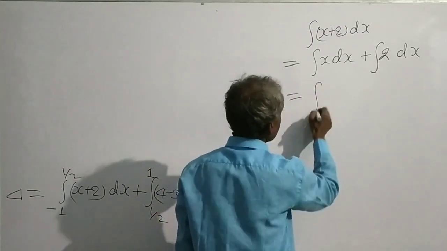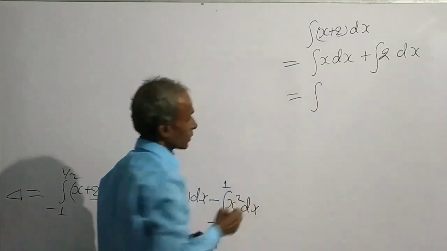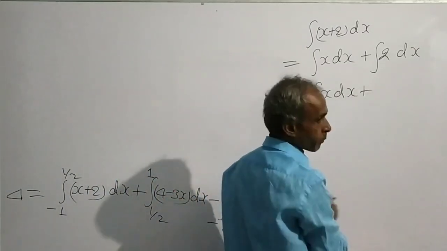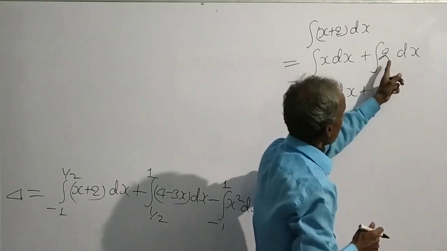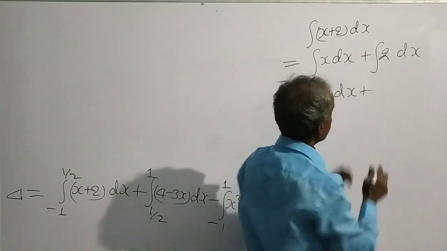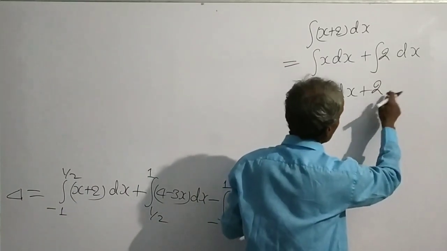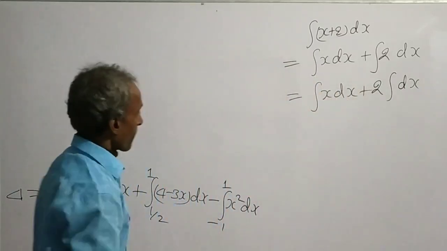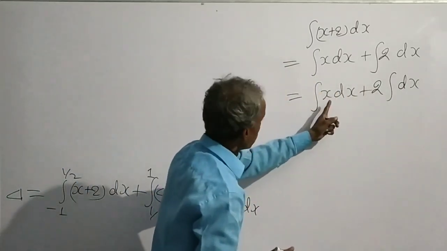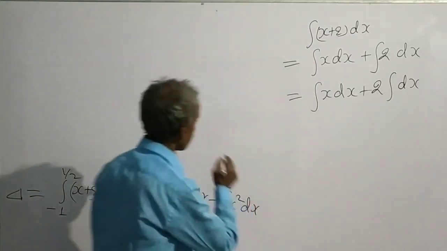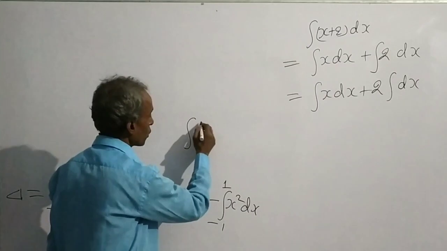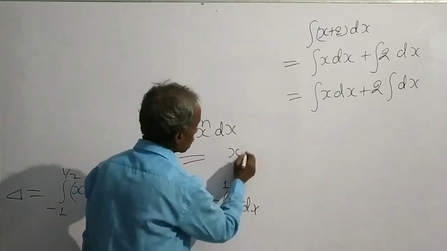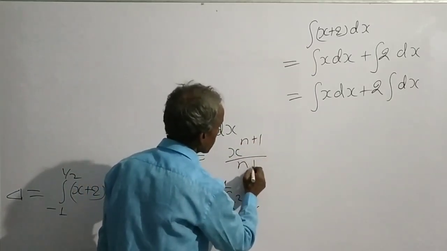That is equal to the integration of x dx plus, this is a constant number. A constant number can be taken outside the integration sign like this, 2 times the integration of dx. To find the value of this integral, we will use this formula: the integration of x to the power n dx is equal to x to the power n + 1 divided by n + 1.